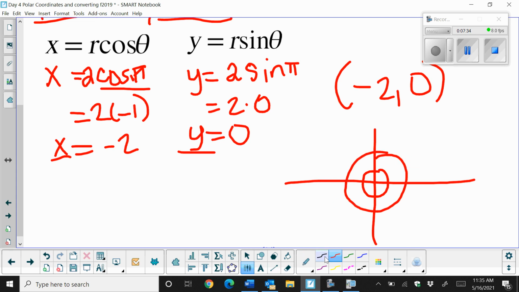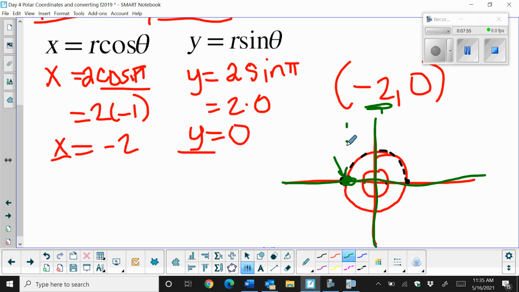Our polar position is over 2, so 1, 2, rotating to pi. That's here. And then as a rectangular coordinate, I'm going to draw it in green. Our rectangular position is -2, 0, so that's the same position.